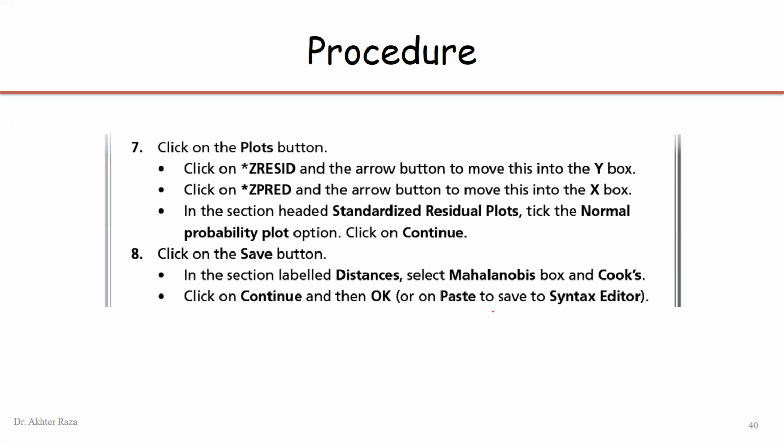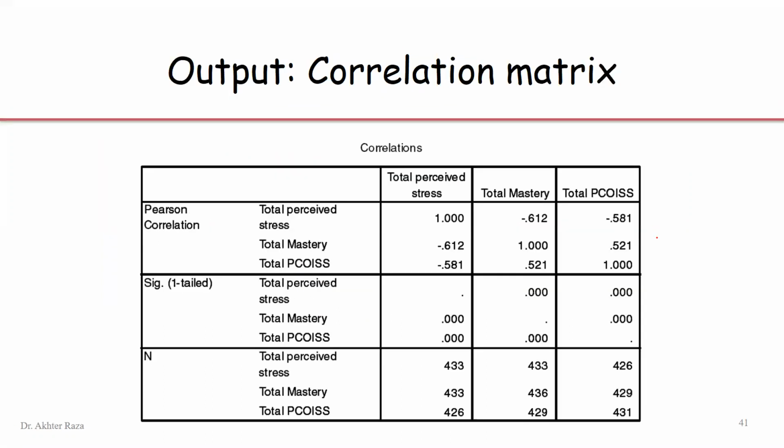After clicking the OK and the continue button, we will have the outputs of the regression model. The first output in the regression model is the correlation matrix. In this matrix, we have 3 important segments.